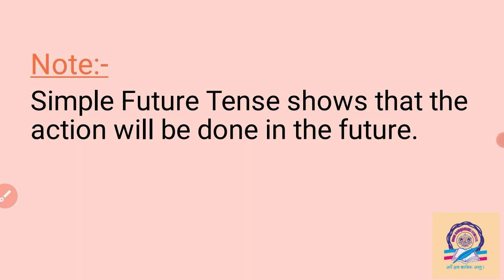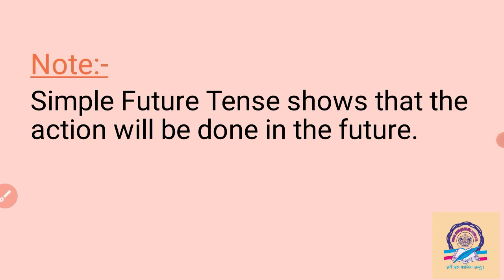For that we have to use the simple future tense. The uses of the simple future tense: to speak about the near future, the work will happen at a later time here. For that we have to use the helping verbs will and shall with the main form of the verb here.